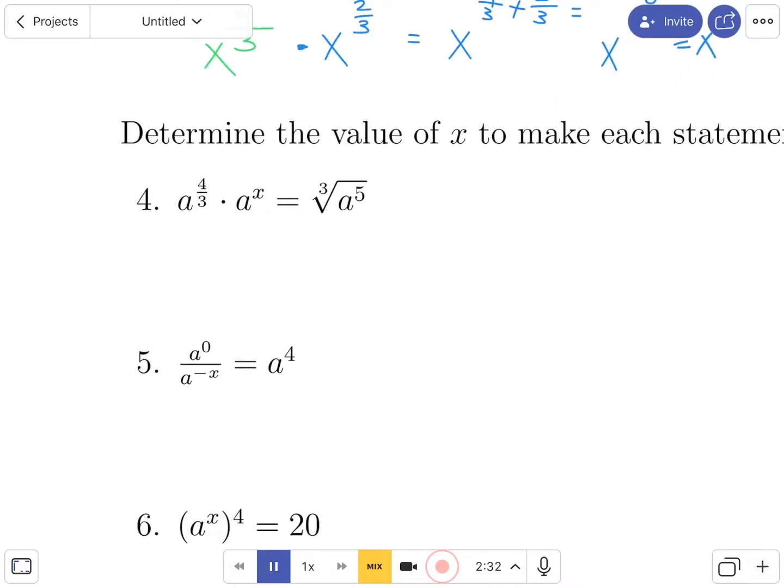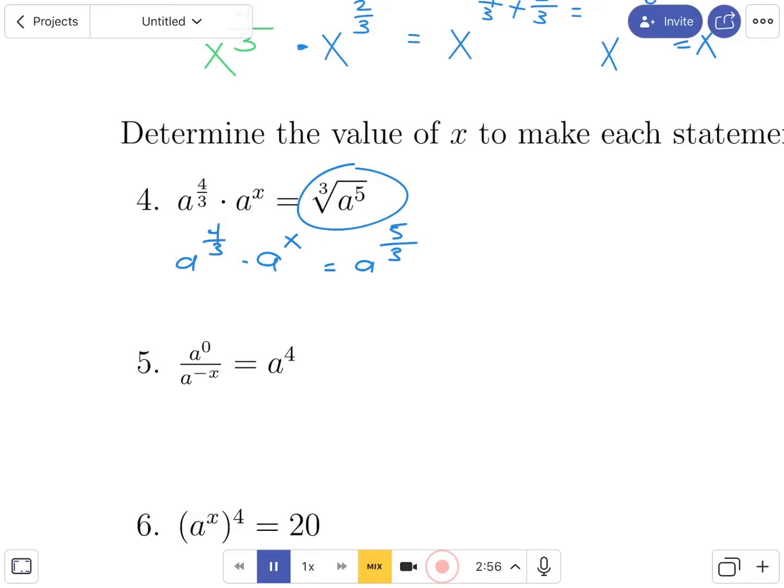Okay, now we want to determine what the value of x is that's going to make each statement true. The first thing I'm going to do is rewrite this radical expression on the right side. So a to the 4/3 power times a to the x power equals a to the 5/3 power. Now that I see that, I know that I'm multiplying things that have the same base, and the exponents I'm going to add.